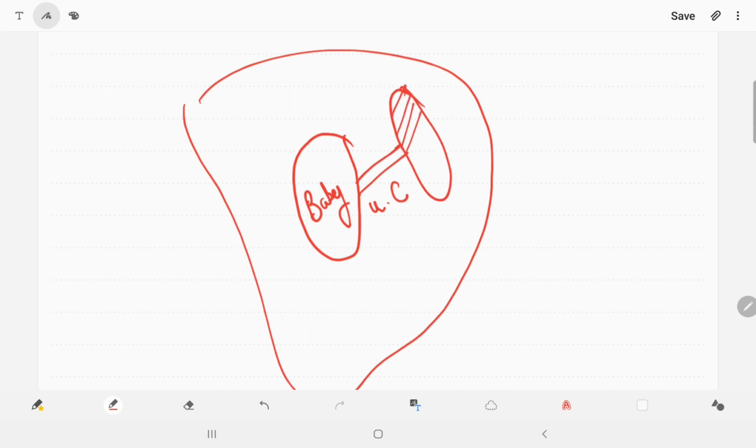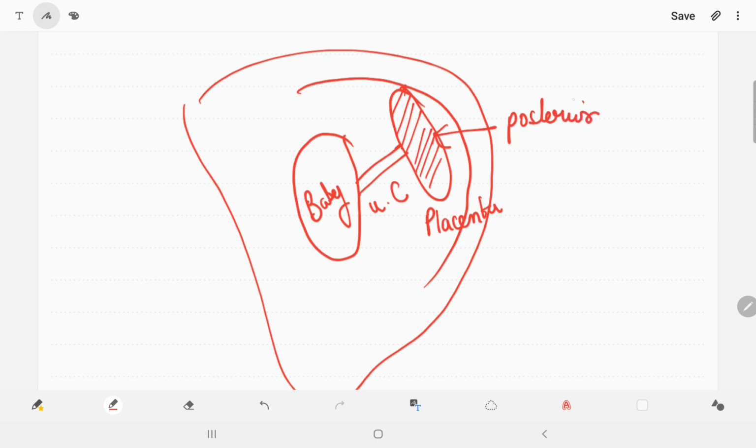And what was the placenta doing? It was attaching onto the uterine cavity, right? Also, you can take down one more point, that the implantation occurs in the region of the posterior part of the fundus of the uterus most commonly, right? This is the area of implantation. So yes, this is what we have learned about.